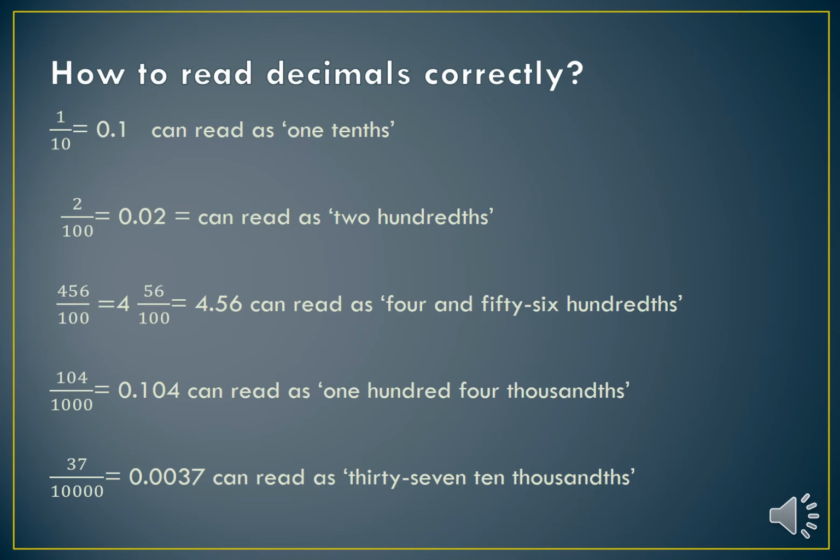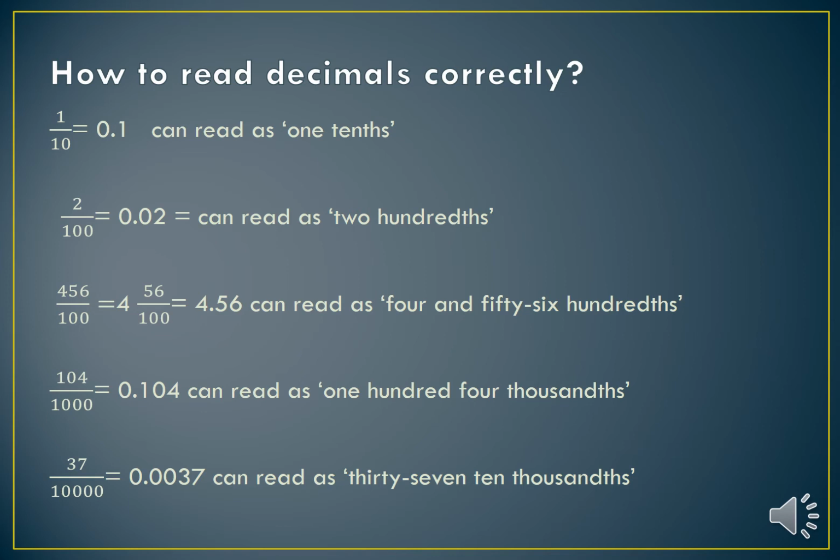How do we read decimals correctly? If we have 1/10, or 0.1 in decimals, we read it as 1 tenth. For 2/100, in decimal form, it will be 2 hundredths.